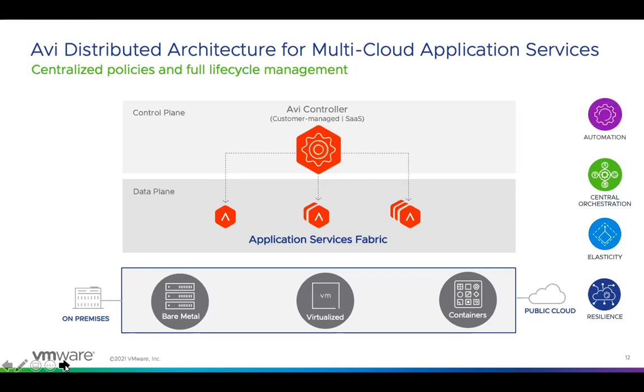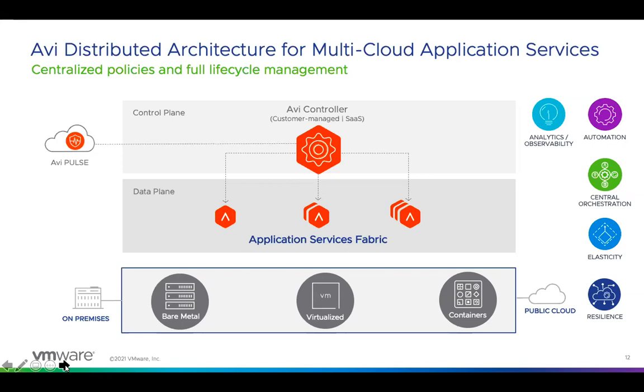And as the traffic flows through these service engines, it gathers hundreds of different analytics and metrics, which get bubbled up to the controller, where it shows you a rich observability dashboard of what's happening with your applications. Along with that, it also uses these metrics internally to automate the scale out of these service engines, so that you get the elastic fabric.